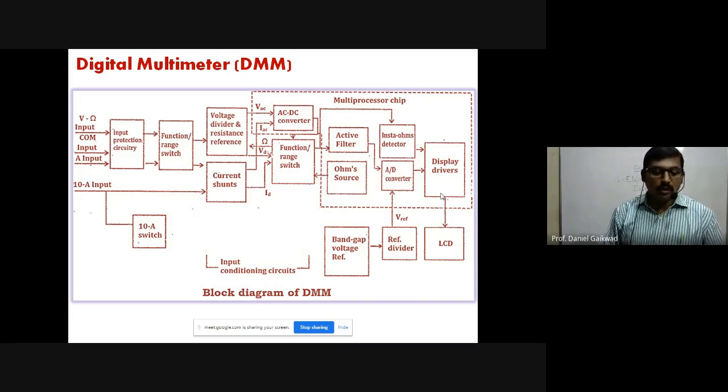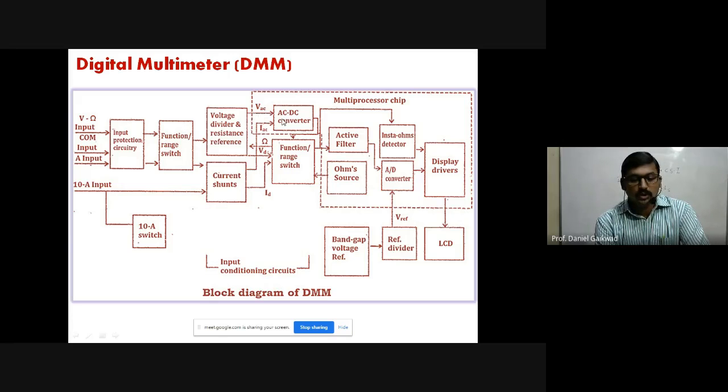That division is done with the help of the voltage divider circuit and the resistance reference. That voltage is then given to the AC to DC converter, or if it is DC, it is connected again to the function or range switch here.